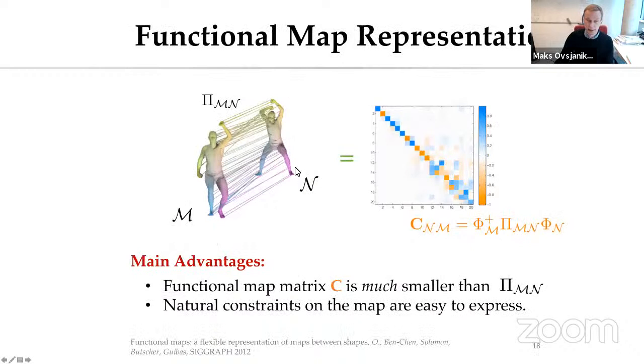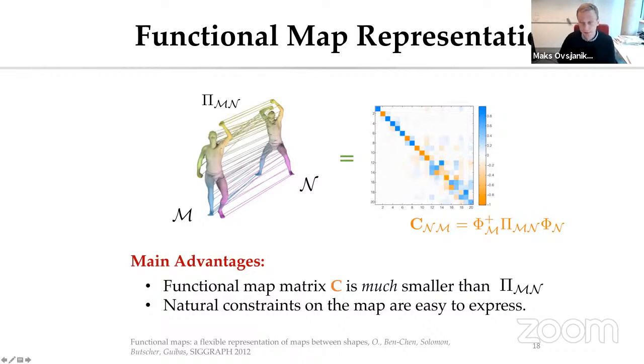And there's actually a closed form expression. If I have a pair of shapes, I can encode a point-to-point map between them in a binary matrix Pi, such that for every row of this binary matrix, I put a 1 in the ID of the corresponding point. Then the functional map is just a projection of this binary matrix into the corresponding basis functions, right?